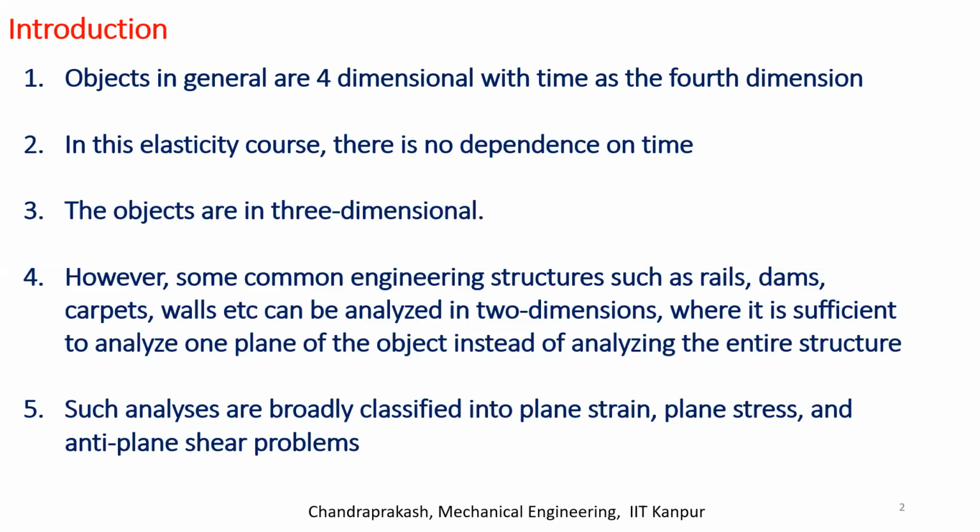These kinds of analysis can be classified into plane strain, plane stress, and anti-plane shear problems. In the next few lectures, we will analyze these problems using stress formulation as well as displacement formulation. Clear?